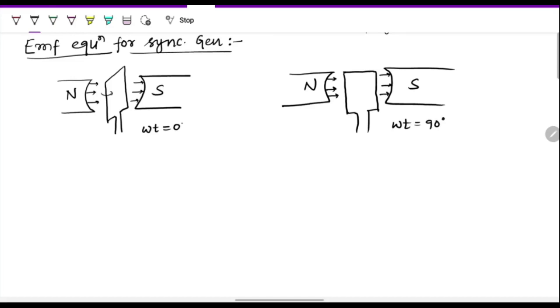So for the first case, we see that there is maximum flux passing through this coil.